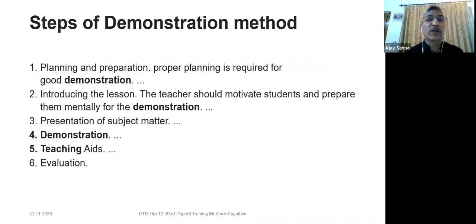Okay, so there are steps involved in the demonstration method. If you follow these steps, then your demonstration would be successful, and the learnings will be much better. Like first of all, you have to plan and prepare for a particular demonstration.